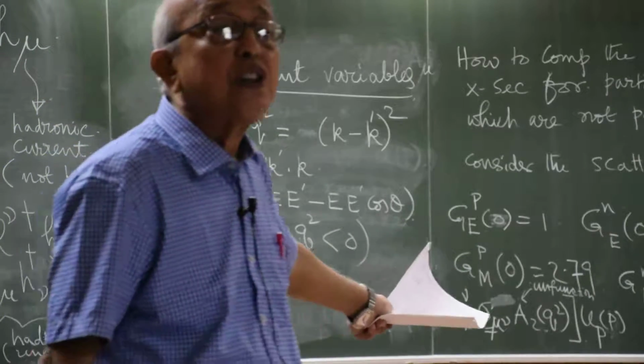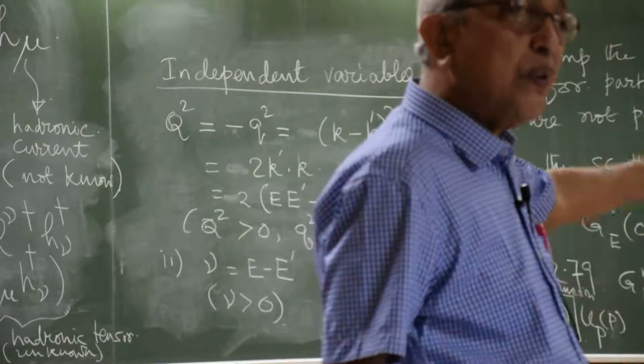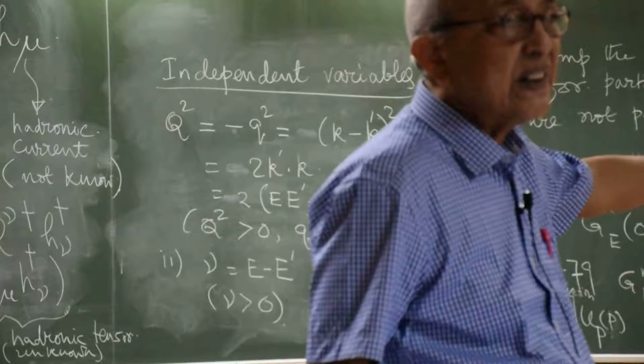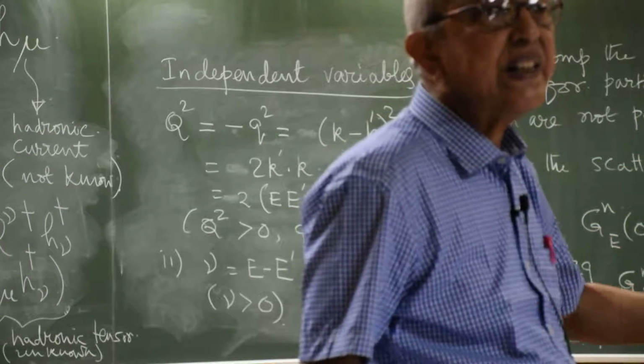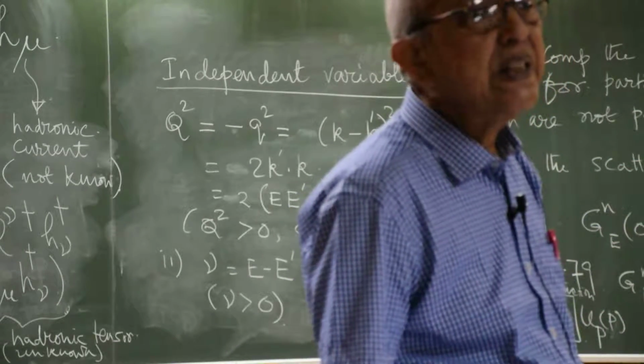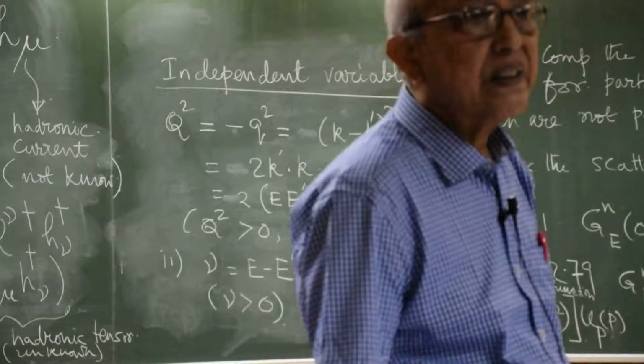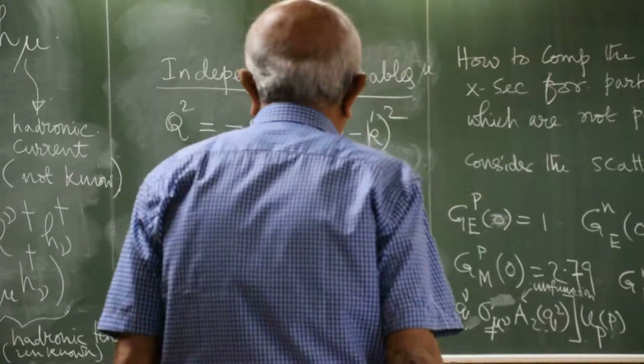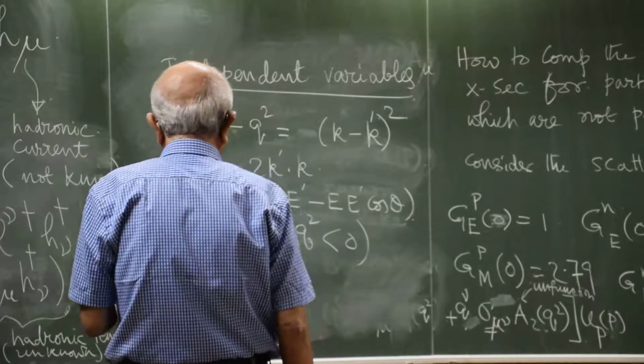Now this was not independent because you had a proton in the final state. So if you go back, you will find that E prime, they are not independent variables, they are fixed by the energy momentum transfer in the relation.